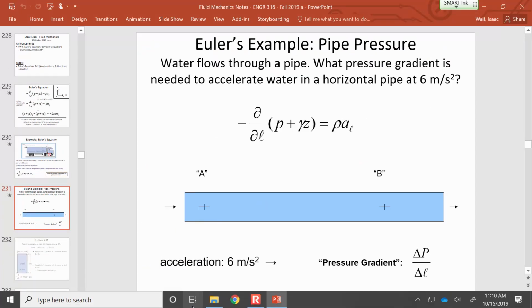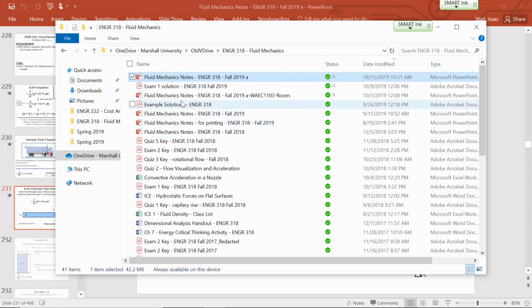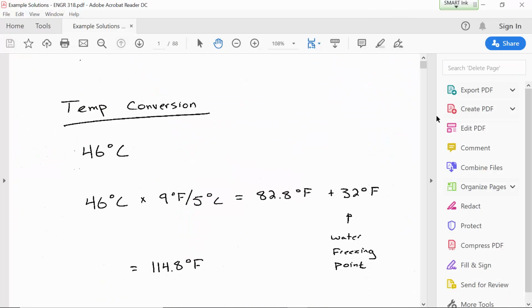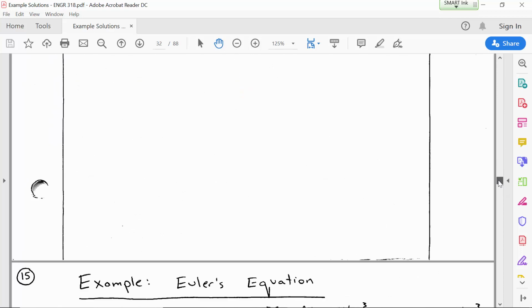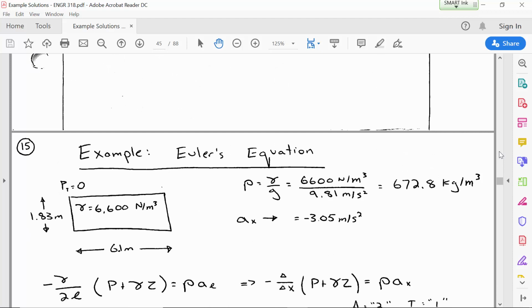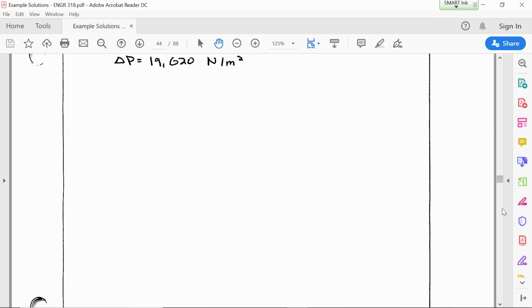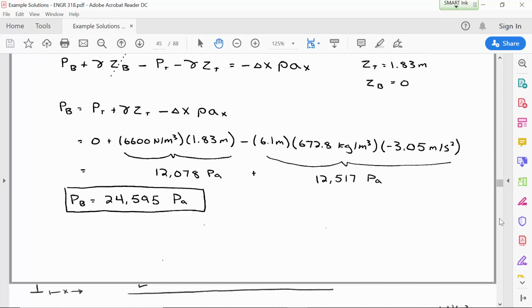Do you remember what I said about the direction of acceleration as it relates to pressure change? The rule of thumb with pressure change and acceleration is that the pressure increases in the opposite direction of acceleration.